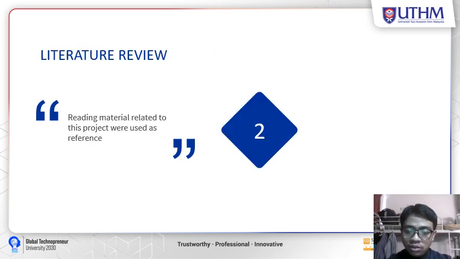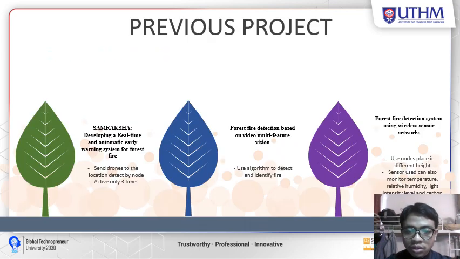Now I will continue with my literature review, which is reading material related to this project that I use as reference. This is the previous project that I've studied. The first one is from Samraksha, whose journal is called Developing a Real-Time and Automatic Early Warning System for Forest Fire.